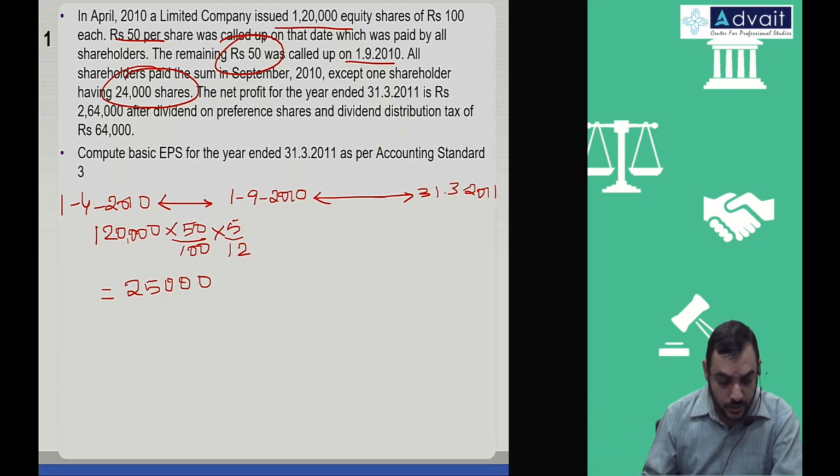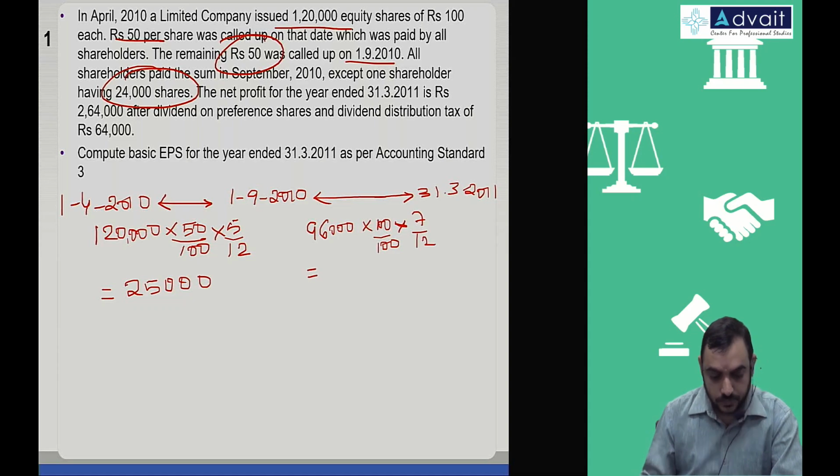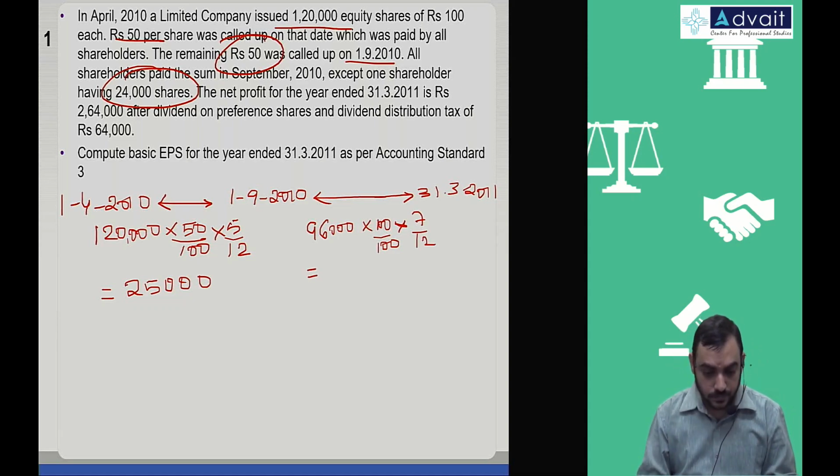How much balance comes to? 96,000, into not 50 by 100 but 100 by 100, because the entire 100 rupees is paid up. And for how many months? Remaining months, 7 by 12. How much do you get? 56,000.